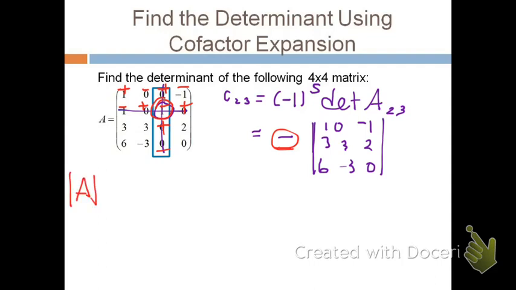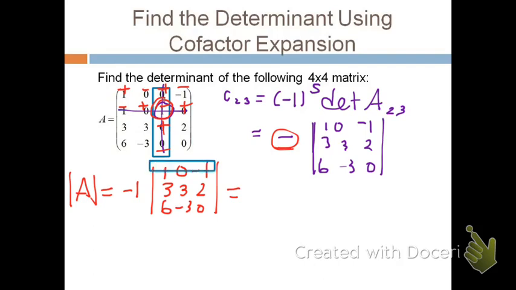So let's find the determinant of this matrix. We will have -1 times the determinant that we have written here. Again, we can choose any row or any column. We have a 0 here and 1s here, so that makes life a little easier, and we'll have a plus, minus, plus pattern.